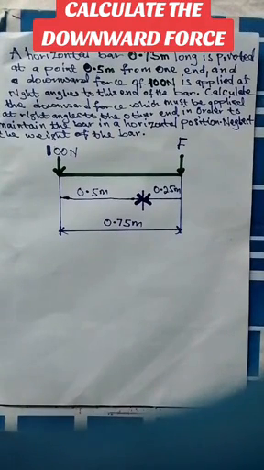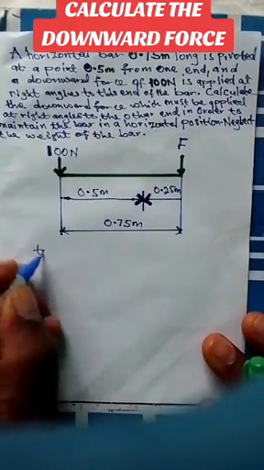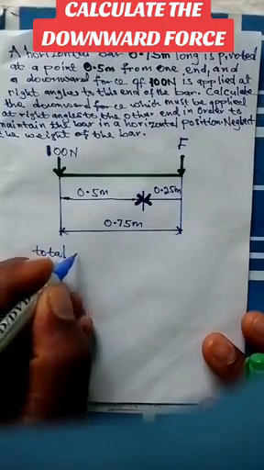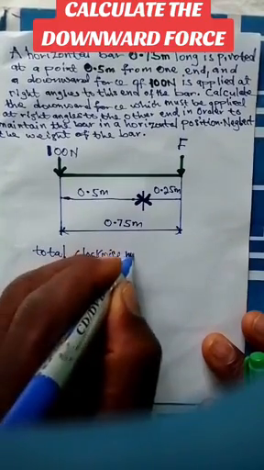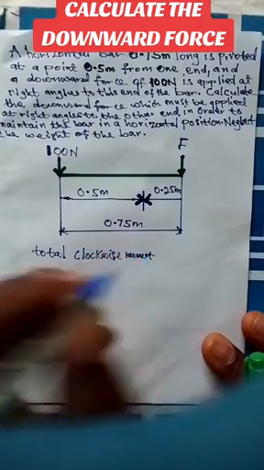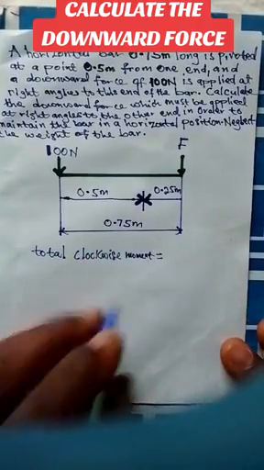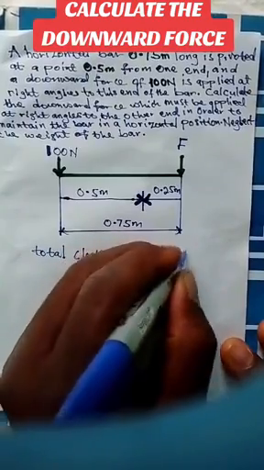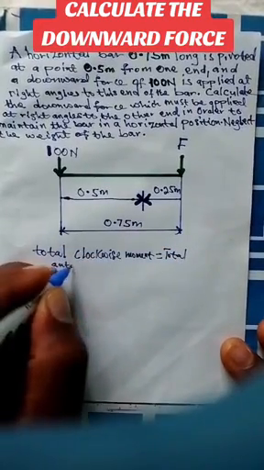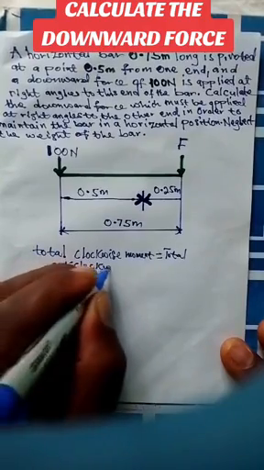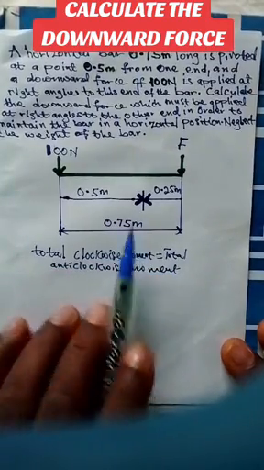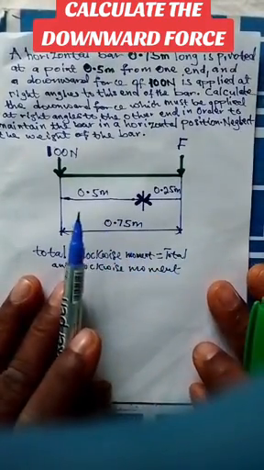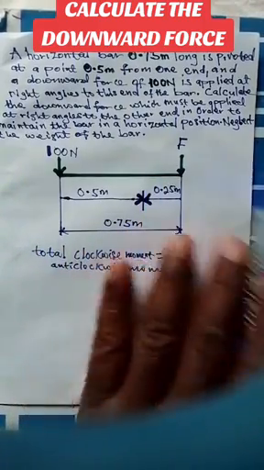So total clockwise moment is equal to total anti-clockwise moment. So this side should be equal with this side.